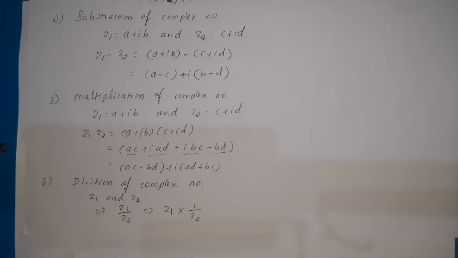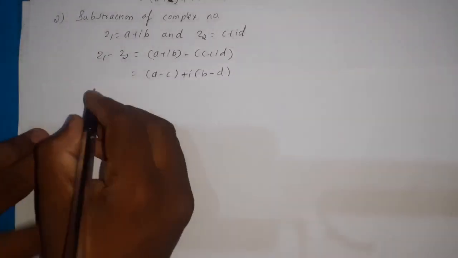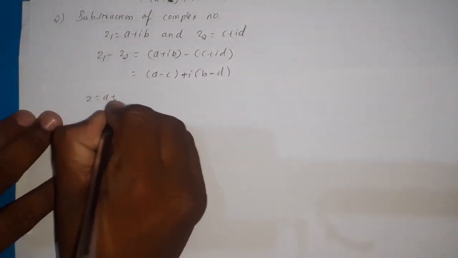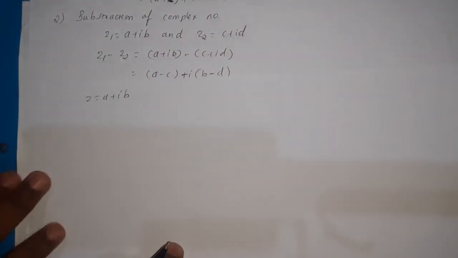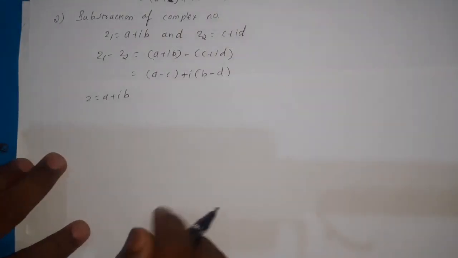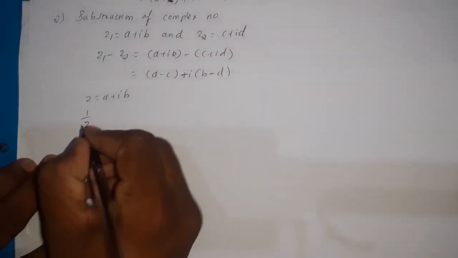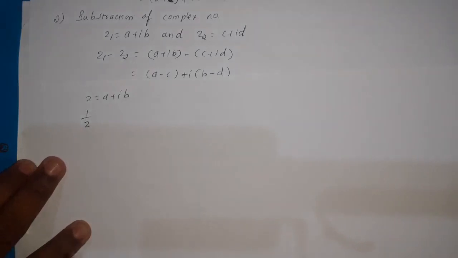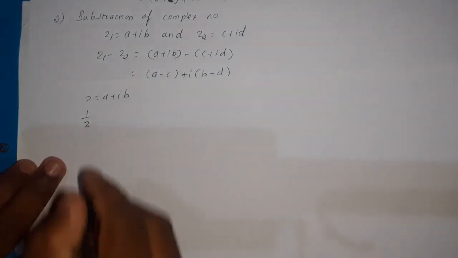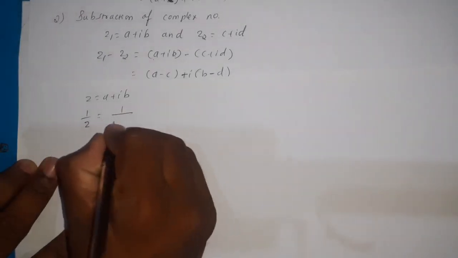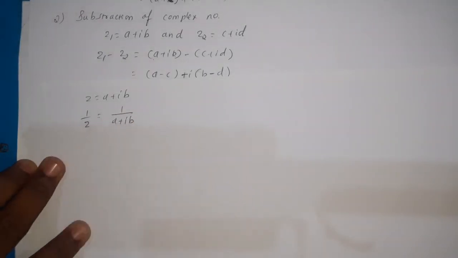Suppose that z equal to a plus ib. Now z equal to a plus ib is the complex number. Then how to represent 1 by z, because 1 by z is nothing but the multiplicative inverse of z. So here it is 1 divided by a plus ib.